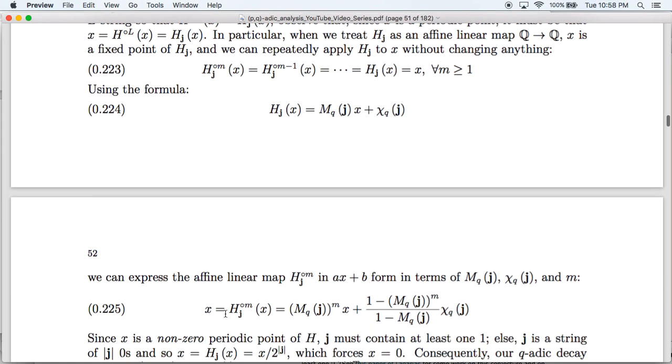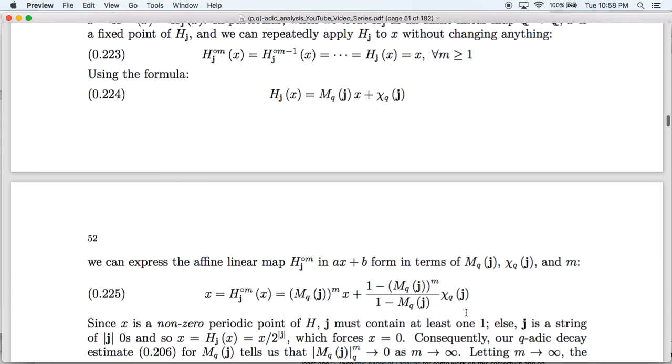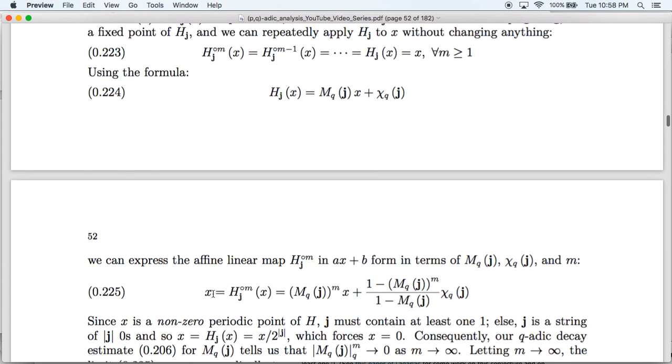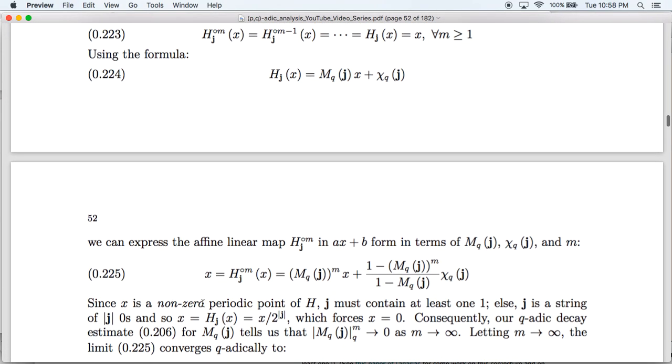We get that h bold j iterated m times at x is the mth power of mq of bold j plus this fraction times x plus this fraction times chi q of bold j. And since x is a non-zero periodic point, this is going to be equal to x. Here's the key detail.